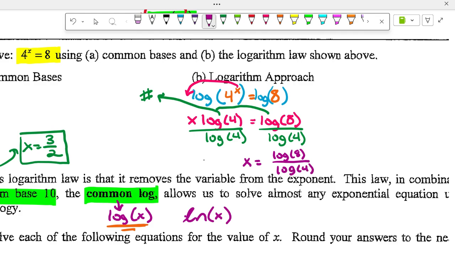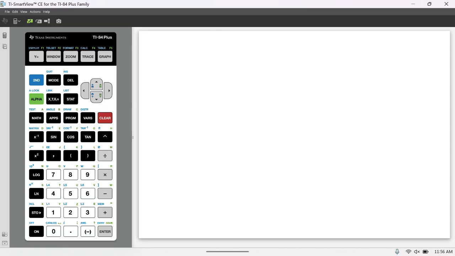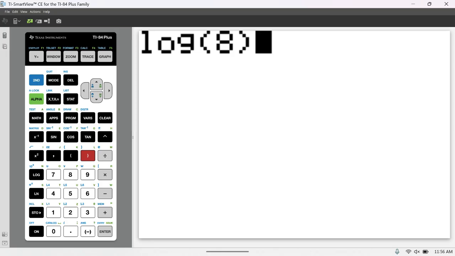Now, this is where your calculator comes in. So we're going to take this expression and we're going to plug it into our calculator and get a number. So in your calculator, I'm going to type in log of 8. Make sure that parenthesis is closed on the log of 8. Otherwise, you'll screw it up.